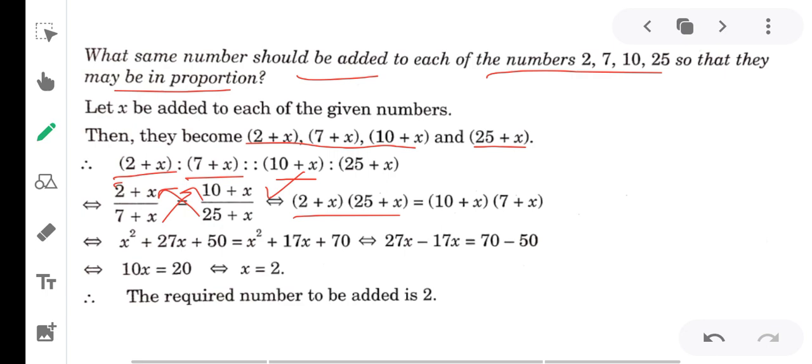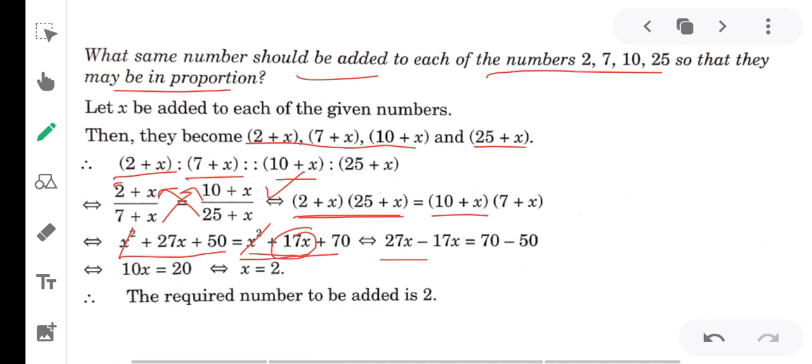Clear? Now if you multiply 2 plus x with 25 plus x, that will be x square plus 27x plus 50. And if you multiply 10 plus x with 7 plus x, that will be x square plus 17x plus 70. Clear? Now x square cancels on both sides. Now we'll transpose 17x to the left hand side, that will be minus 17x.